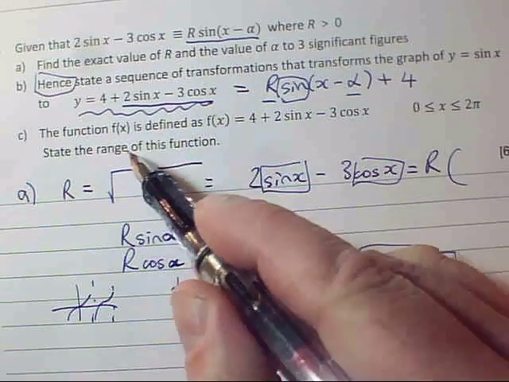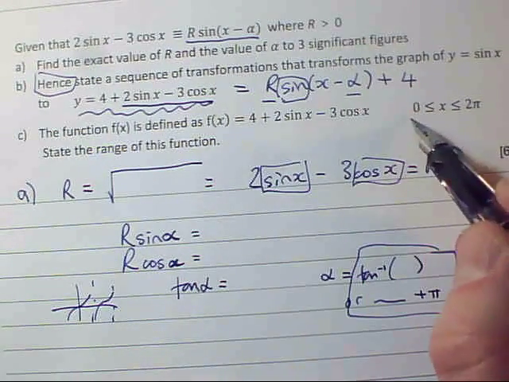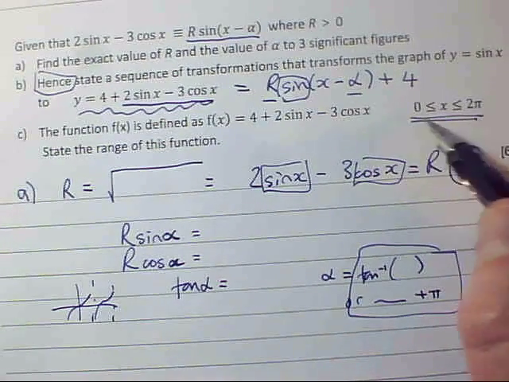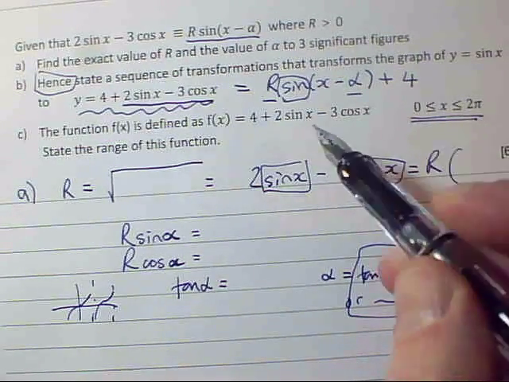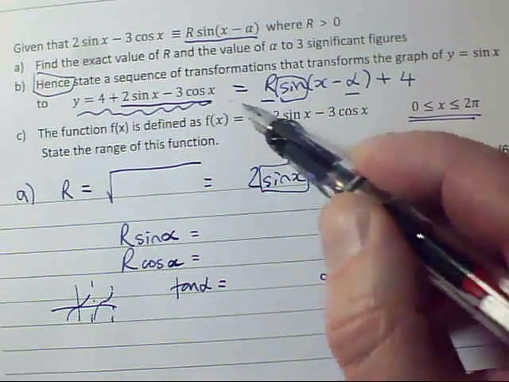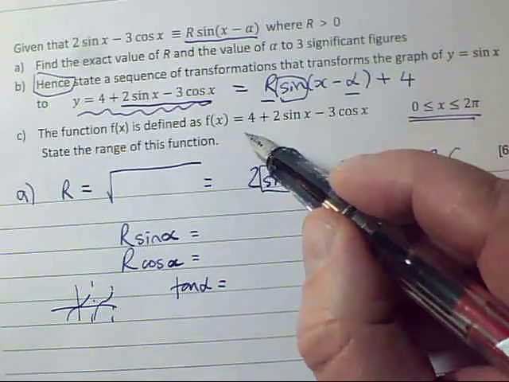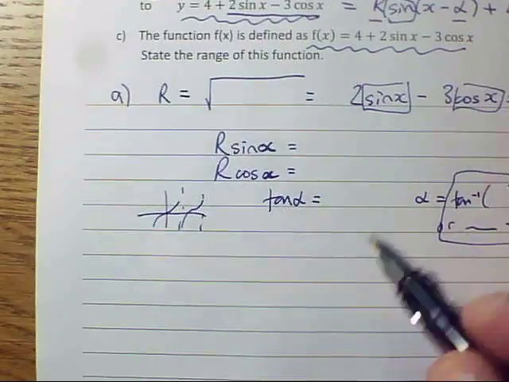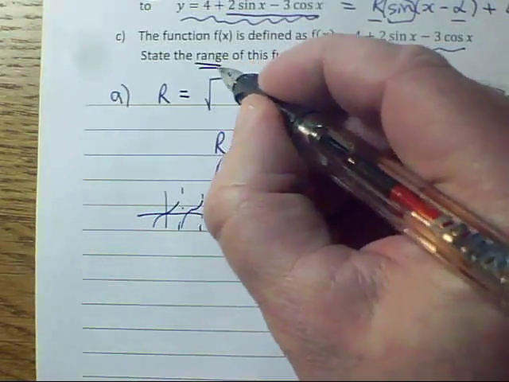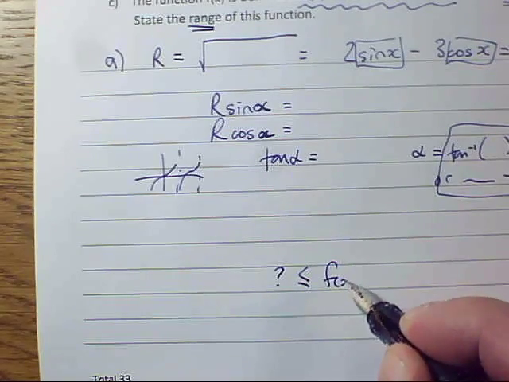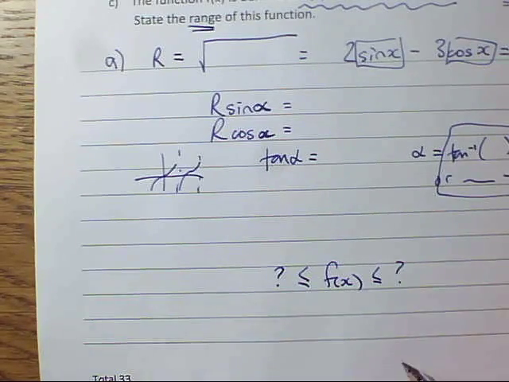We have then got the function defined on a complete cycle from 0 to 2 pi, so the endpoints shouldn't be in play here. You should therefore be able to use the maximum and minimum values that you've detected from your transformations to say what the maximum and minimum values of f of x are. So remember to describe a range using f of x: you're going to say that something is less than or equal to f of x is less than or equal to something. Hope that helps.